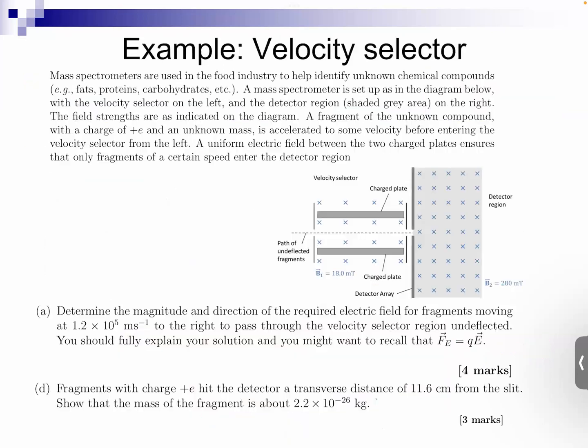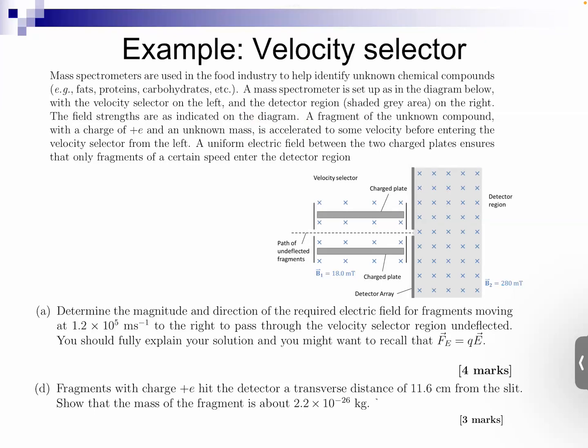So we looked at that conceptually, but we didn't have time to look at the numerical example of the velocity selector and mass spectrometer. You can read this long introduction later on in your own time. Essentially, it's just saying what a mass spectrometer is used for.